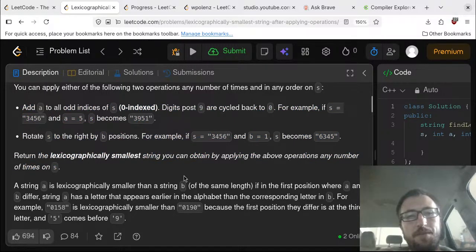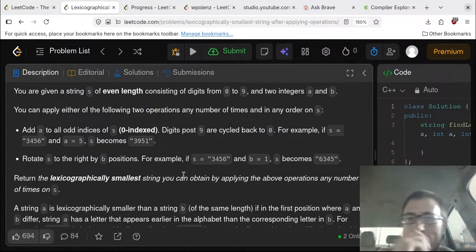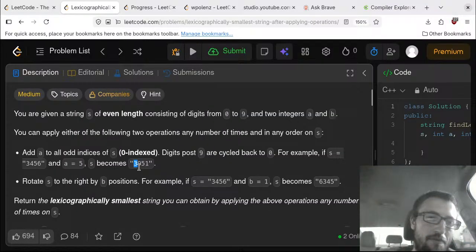Yeah, so I think a greedy approach is probably the way to do it. So what you'd want to do is cycle... lexicographically smallest means you want to take a digit that you could put in front, and make it as small as possible.